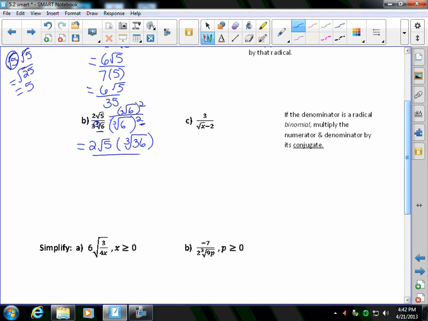And on the bottom, my 3 stays, because I haven't done anything to change that. My cube root of 6 times cube root of 6 all squared. Same idea as with this up here. All I'm doing is getting rid of my index value and keeping the number. So this becomes 3 times 6.